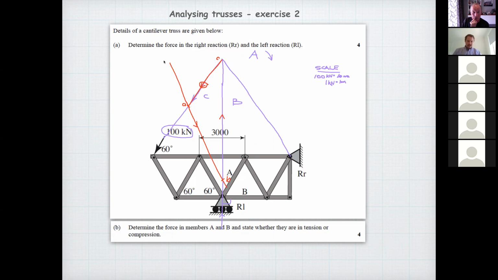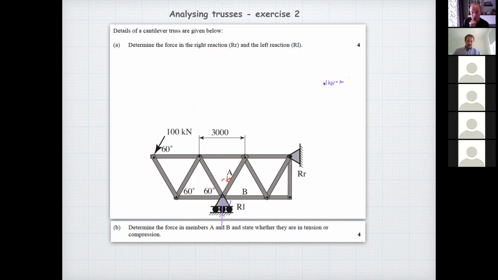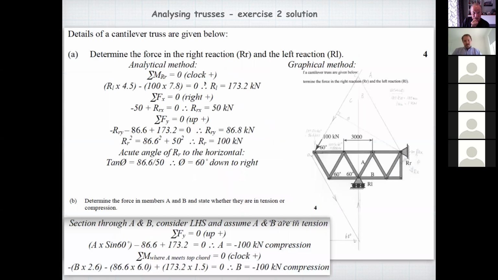Now, I'll just remove all this. So the 3/4 rule gets students out of a lot of trouble. And so you can see, this is fairly advanced maths over here. And there is the solution.